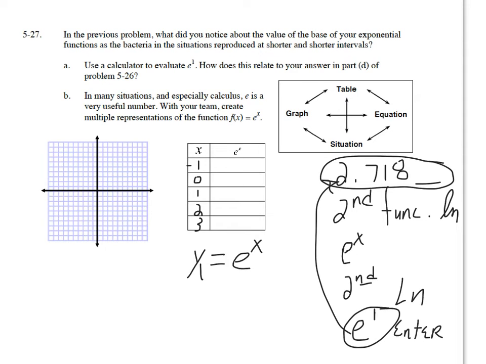So e to the negative 1 is 0.3679. I'm going to go just 0.368. Anything to the 0 power is 1. We know e to the first power is 2.718. E to the second power is 7.390.